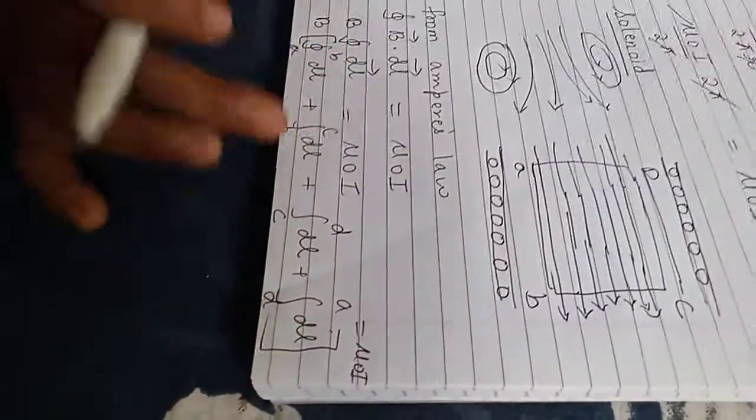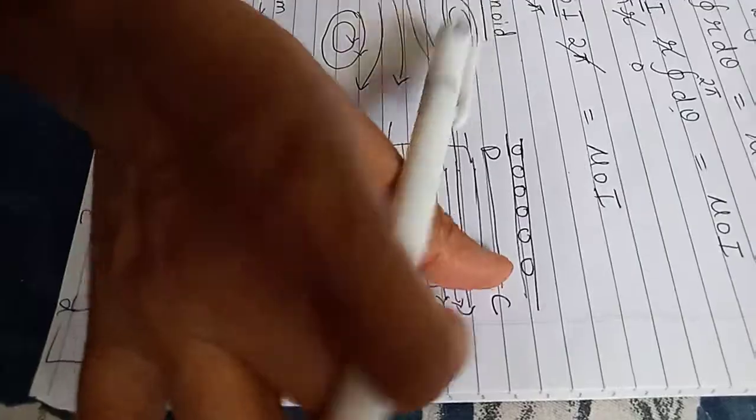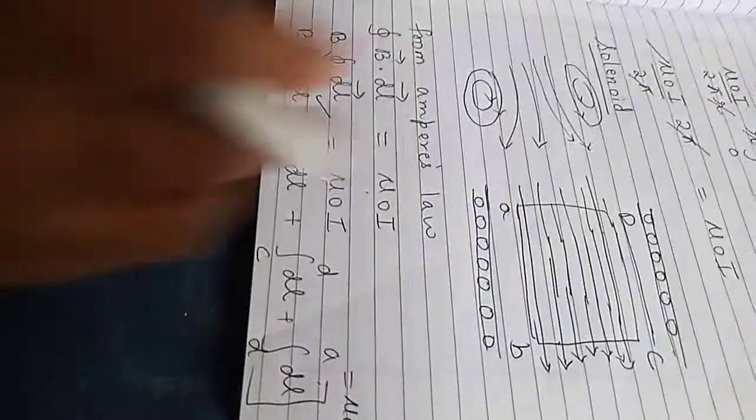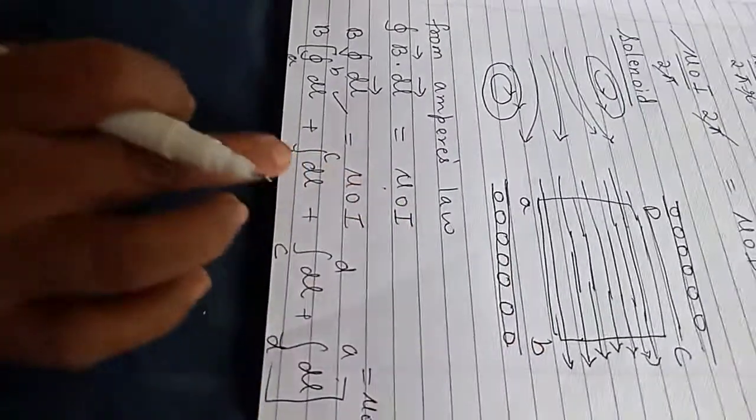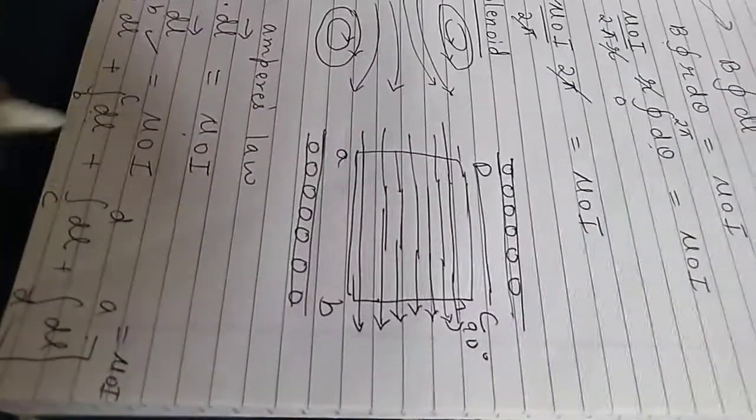I'll repeat, we are not going to take only the elemental length dl. The length is integration from A to B plus B to C plus C to D plus D to A. B is common to all of them. By definition, it is equal to mu naught I. Surviving is only this, A to B. B to C, the length is perpendicular to the direction of the magnetic field. Theta is 90, cos 90 is 0.